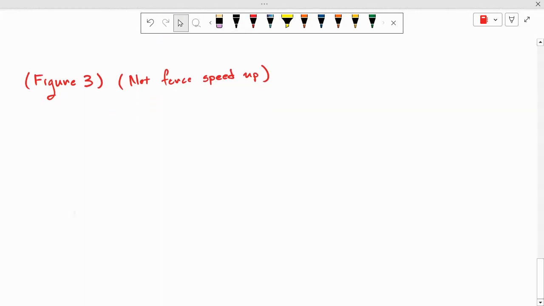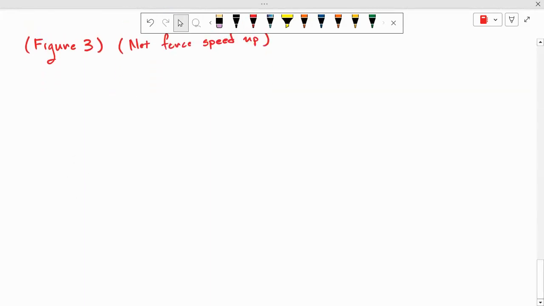If we have at time t1 something going with mass m and velocity v. And at that instant, we have two forces acting on it. F1, and this time they are not the same length. Hopefully I've done that justice.